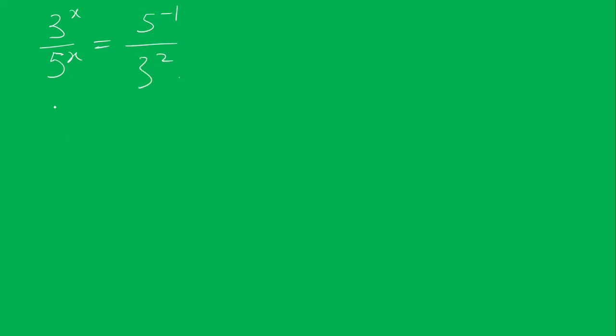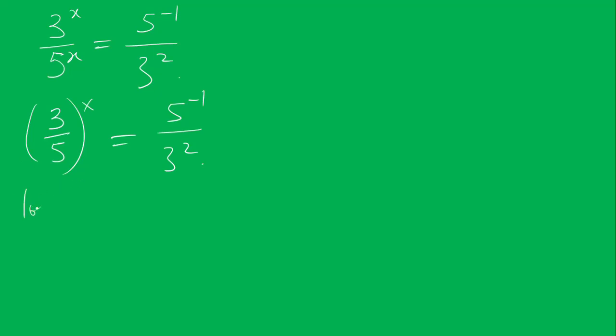Now, since the powers are the same, we can factor it. You say 3 all over 5, all to the power of x. Because the exponents are the same, we just factorize it this way. Now, you have 5 to the power of minus 1 divided by 3 to the power of 2. Now, taking the log of both sides, taking the log to base 3 on both sides.